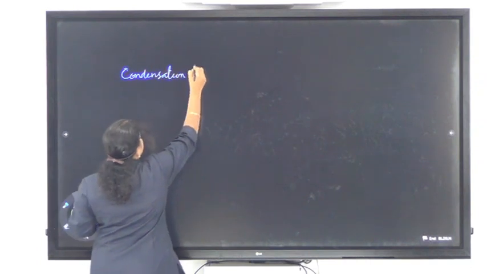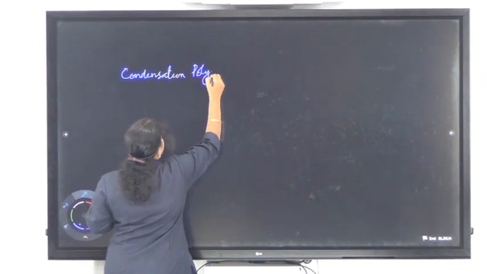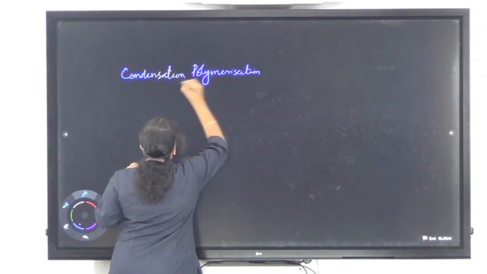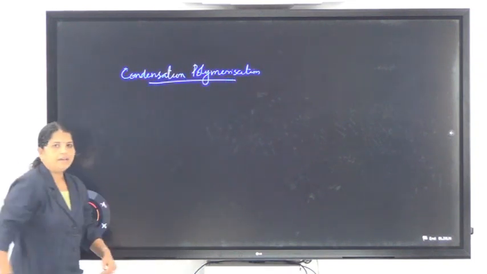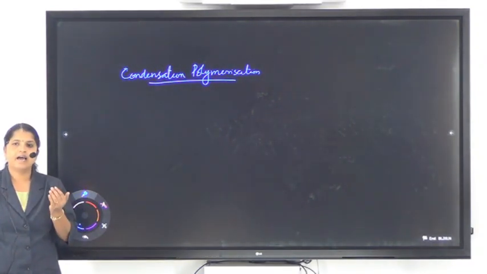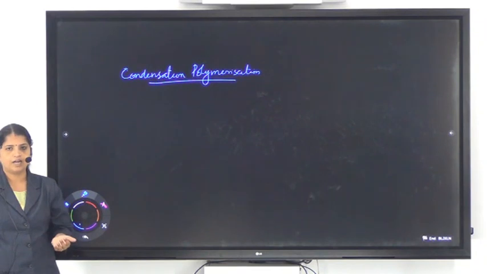Next we can see condensation polymerization. In condensation polymerization, the monomers must contain active groups or polar groups.